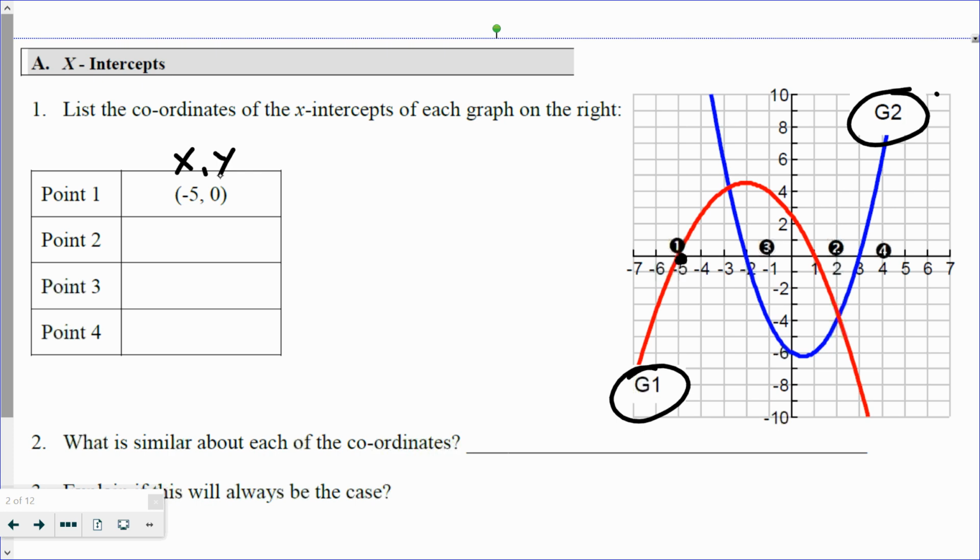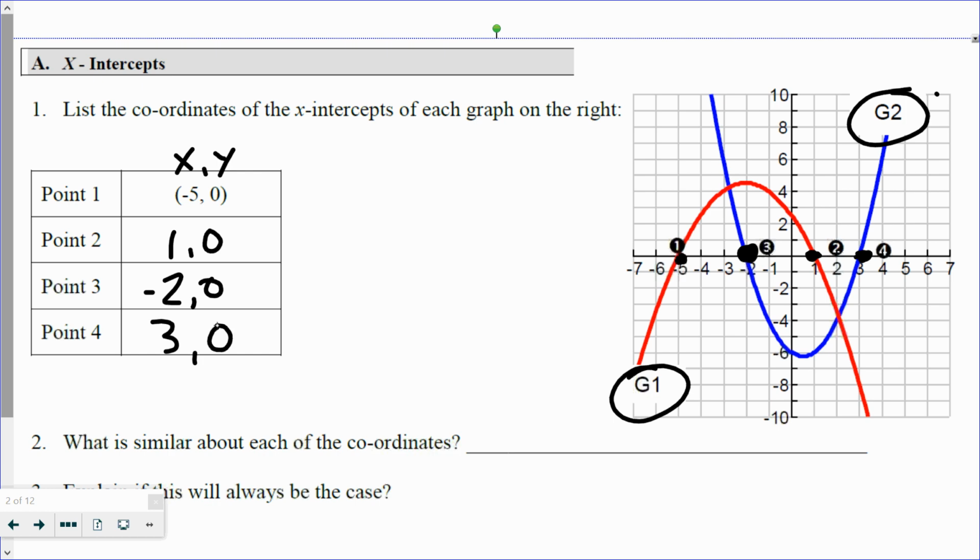Then point 2, it's kind of hard to see which is which, but point 2 is this point here, and it is at 1, 0. Point 3 is this point right here, and it is at -2, 0. And finally, point 4 on graph 2, over on the right, is at 3, 0.